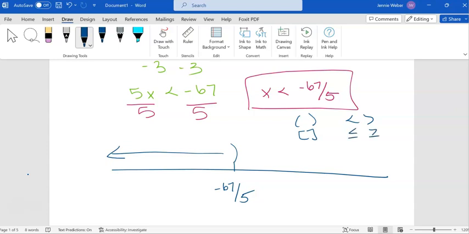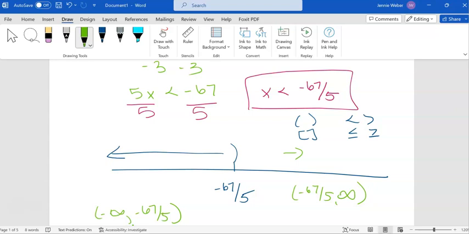Okay. Now when I go to change it to interval notation, because I'm going off into infinity, I'm just going off to one end. This is negative infinity because it's the negative end, goes to negative 67, and then this brings down the parenthesis because it was open-ended. Now, if I was going off the other end, I'd use a positive infinity, because order matters here.